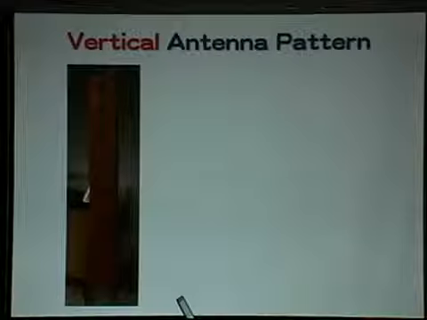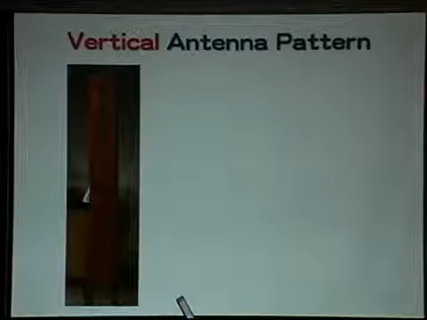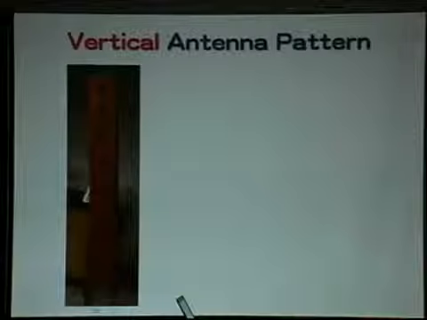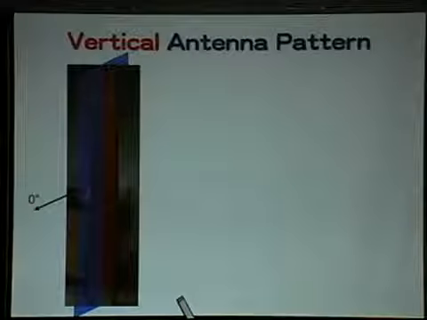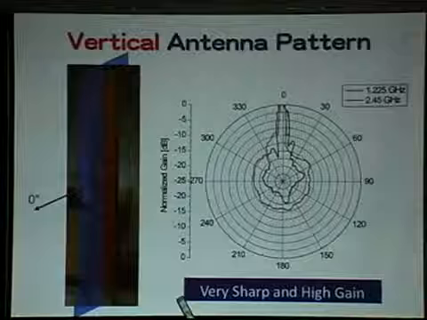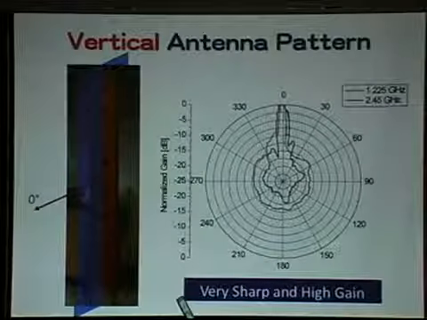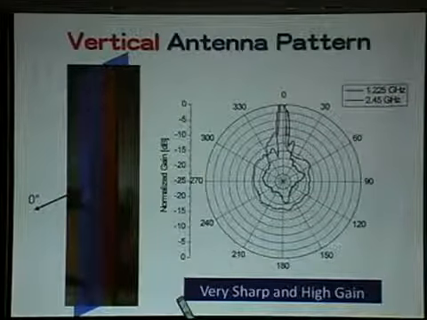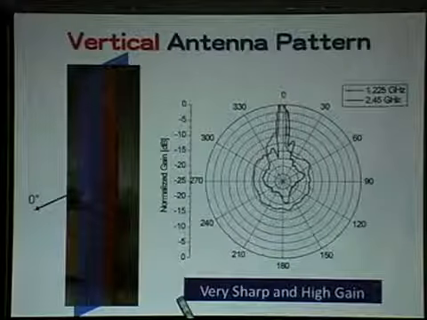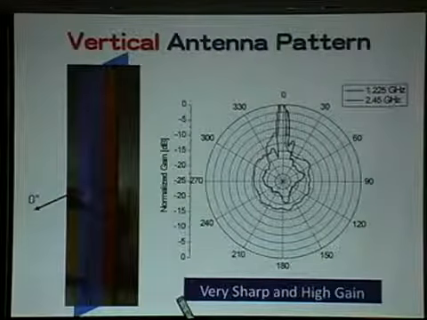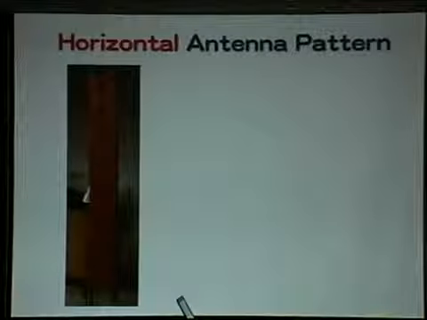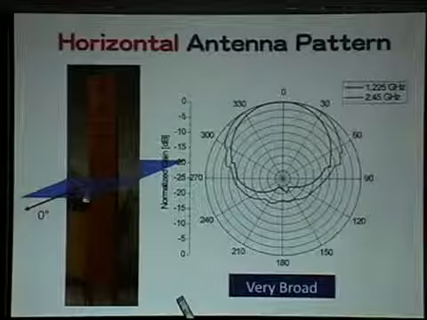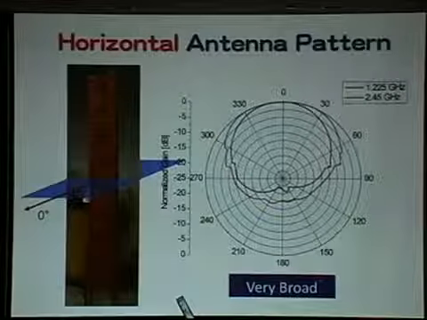One panel. I want to show the vertical antenna pattern of the one panel. We measured the antenna pattern in vertical. You can see this picture shows a very narrow, very sharp antenna pattern in the vertical plane, and on the other hand, the horizontal antenna pattern has a very broad pattern.